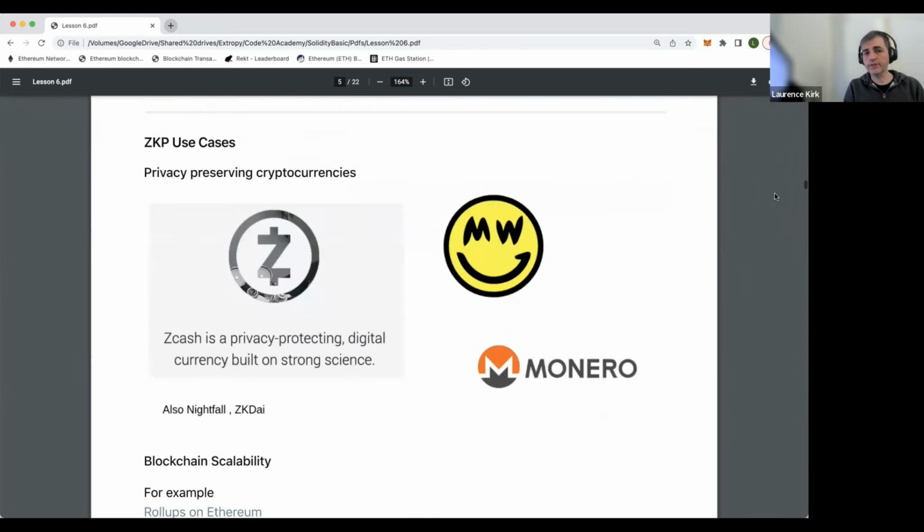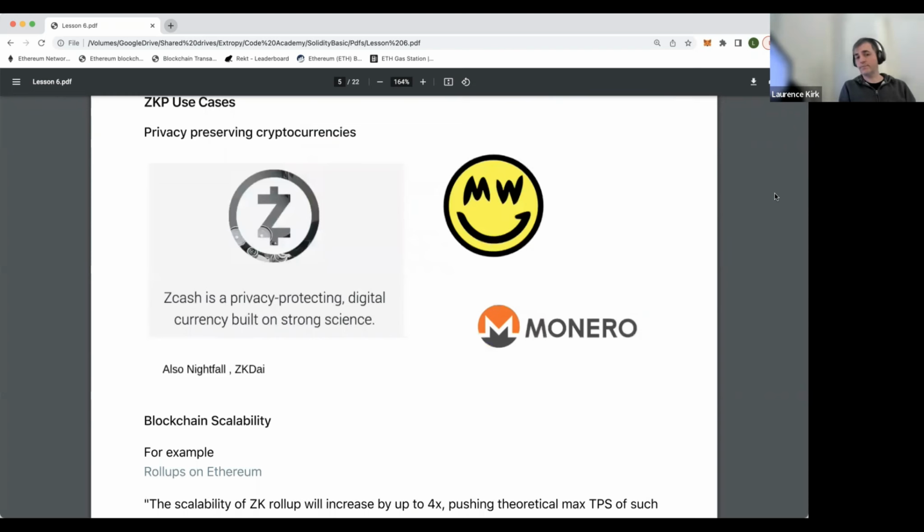And one of the first ways that they were used in the blockchain space was with Zcash. And then after Zcash, we had other cryptocurrencies that came out doing similar things.